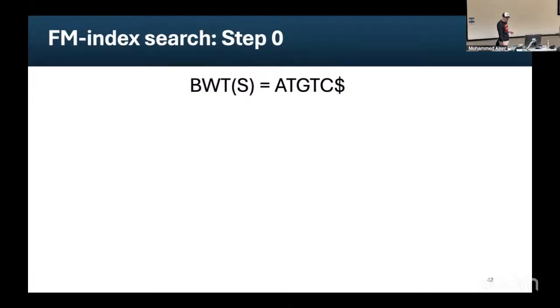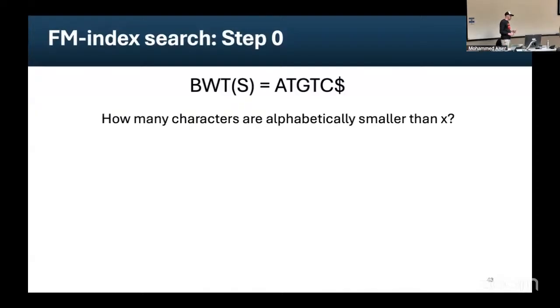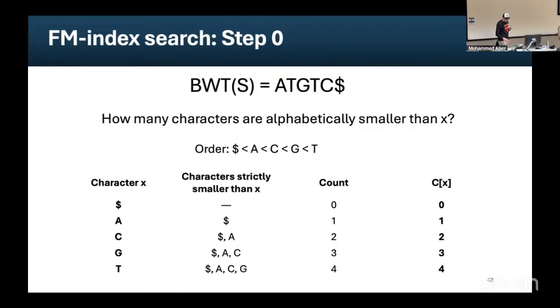Then we take our Burrows-Wheeler transform again and ask another question: how many characters are alphabetically smaller than X? X is the character, and this is the alphabetical order, where the $ sign is the smallest character. For our example, it's very straightforward.